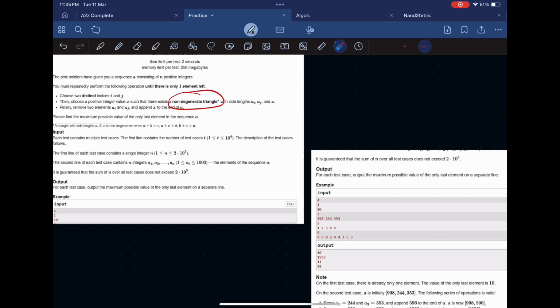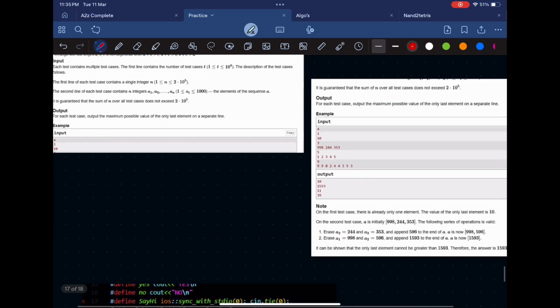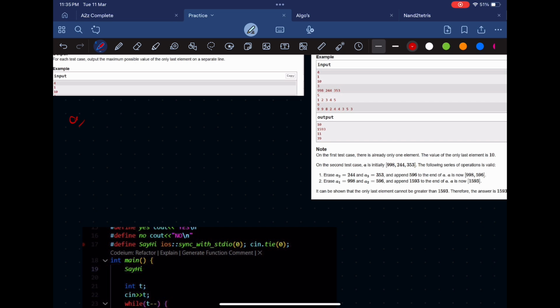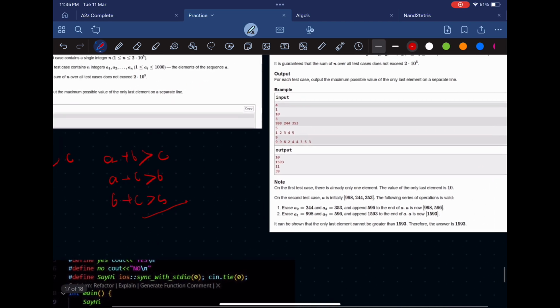So for a, b, c to form a non-degenerate triangle they must satisfy a plus b is greater than c, a plus c is greater than b, and b plus c is greater than a. If any of these inequalities fails, the shape becomes degenerate, meaning it collapses into a straight line with zero area.